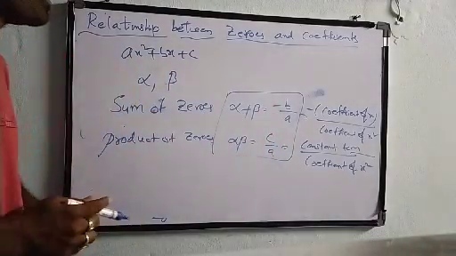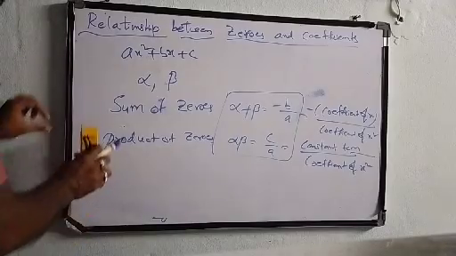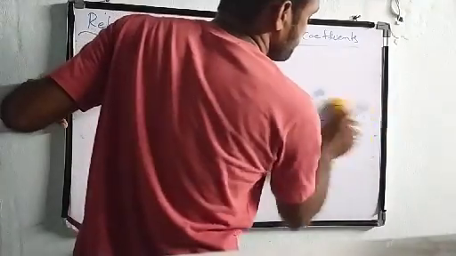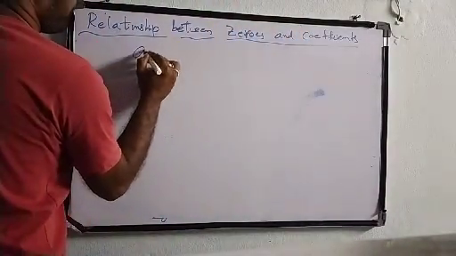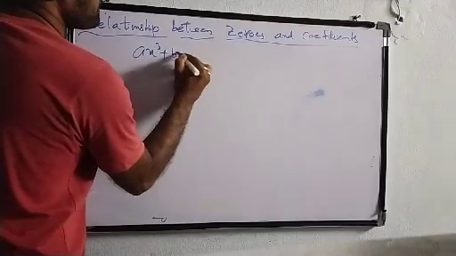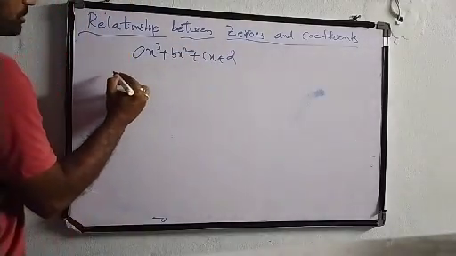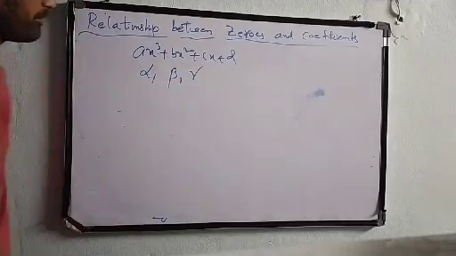Now the same case if it comes to a cubic polynomial, ax cube plus bx square plus cx plus d. Three zeros will be there, so I am assuming alpha, beta and gamma.